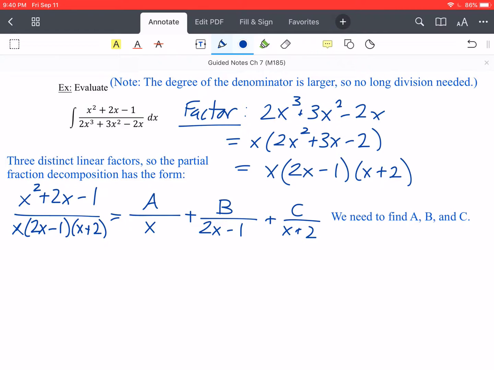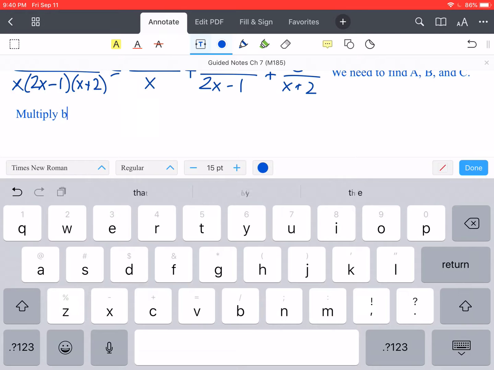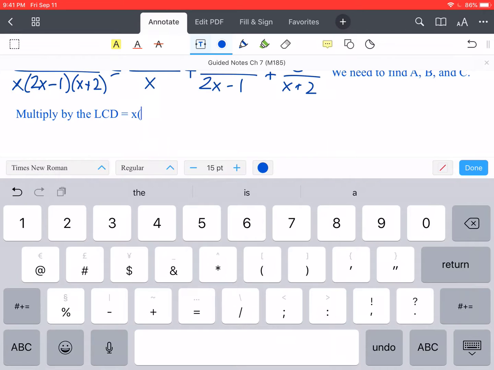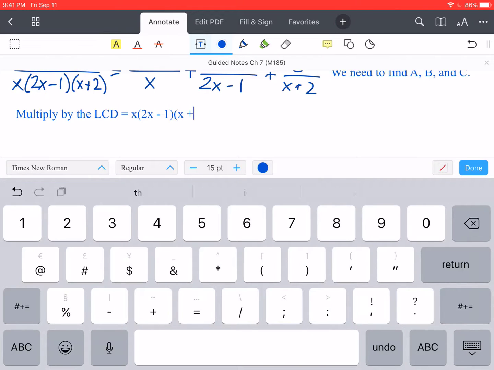Okay, so what we're going to do is multiply by the least common denominator, the LCD, which in this case is going to be x times 2x minus 1 times x plus 2.